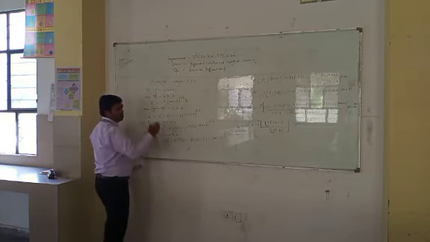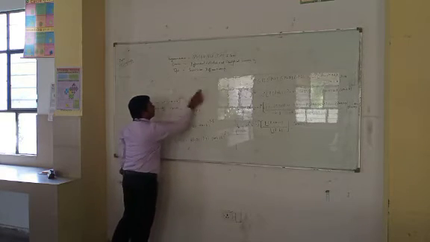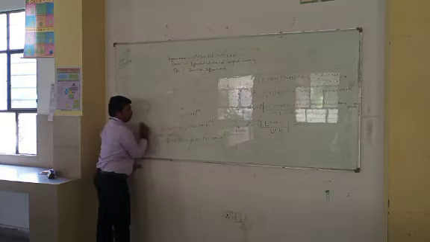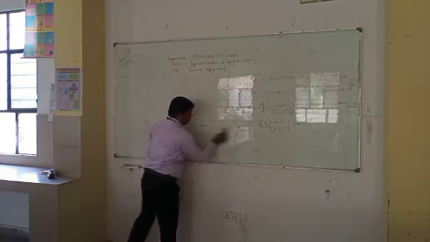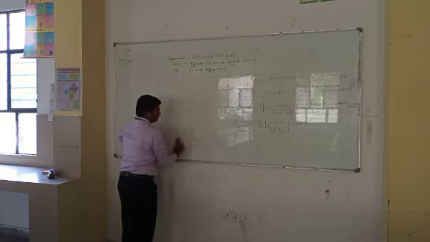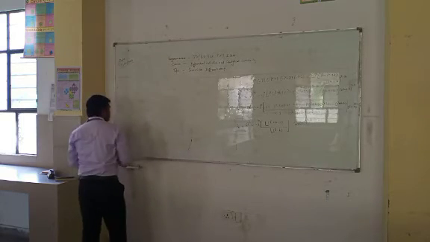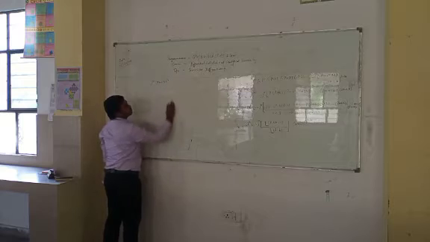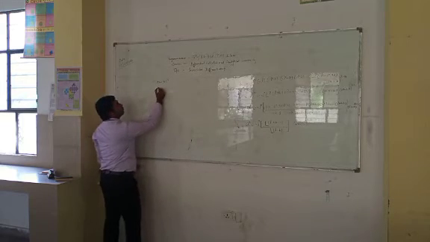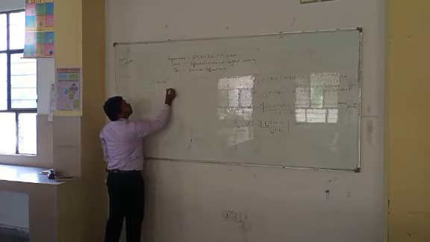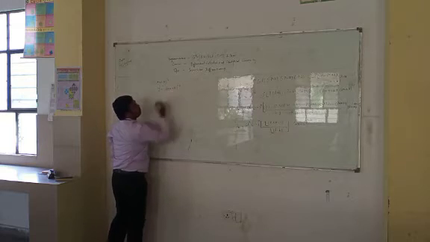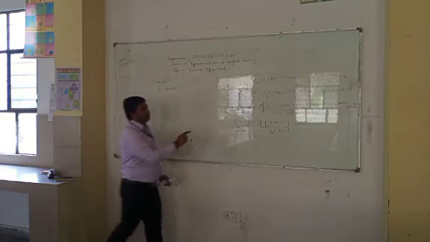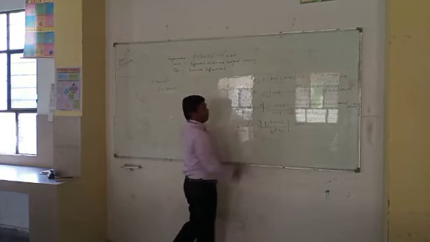Now, what is the formula similarly? If we have to find the nth derivative of ax plus b to the power minus 1, then we put y is equal to ax plus b to the power minus 1. It means here only p is equal to 1.